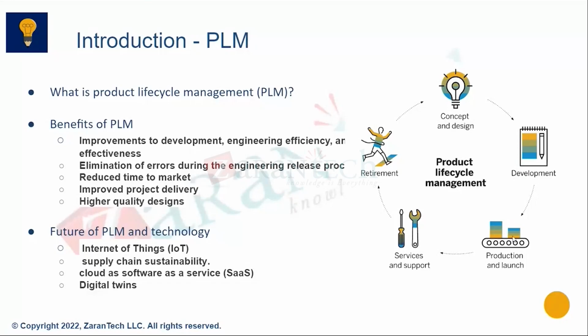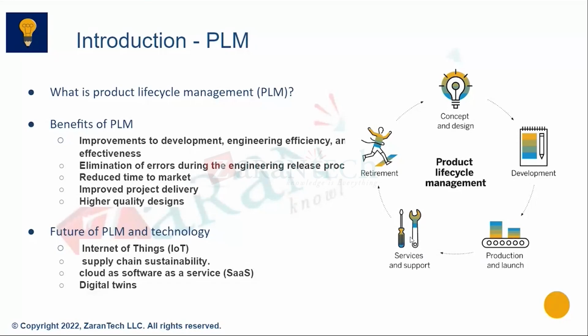So the production or manufacturing people will manufacture that particular development which was received from the development team, and then they will finally launch the product. Once they launch the product, they will sell it to the customer. Once they sell it to the customer, service and support comes into the picture.